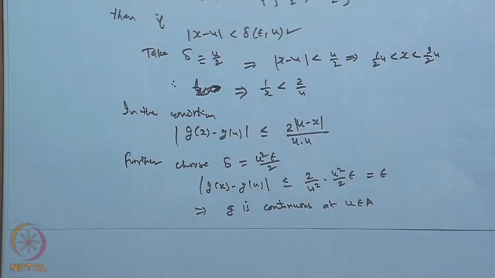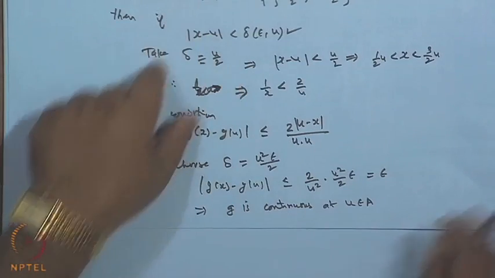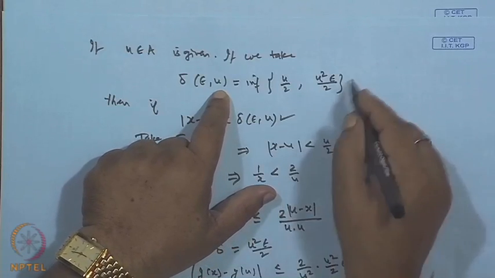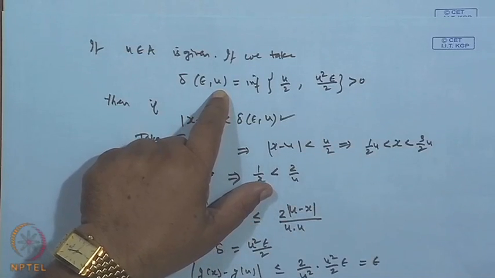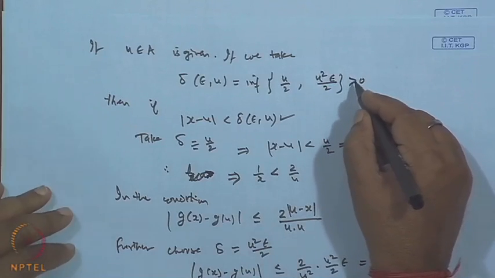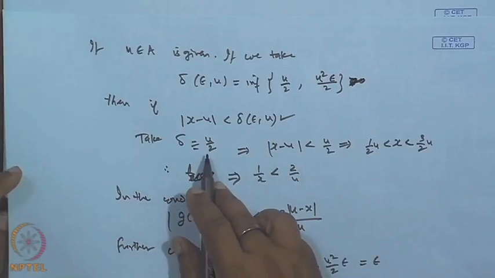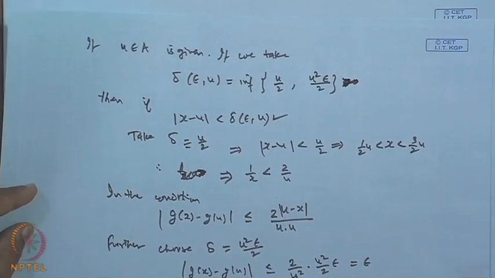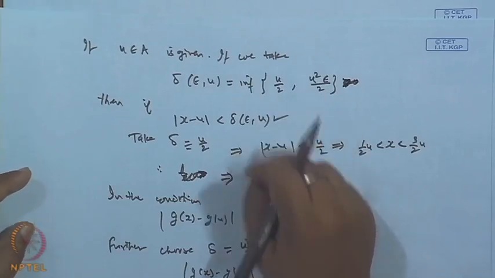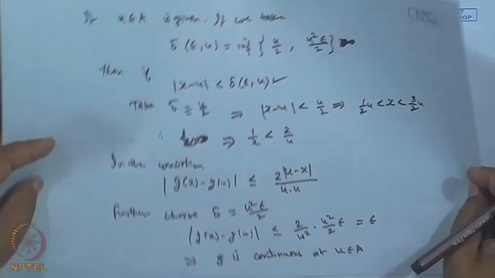Clear? But here the delta which we are choosing depends on u. Each individual delta is a positive quantity when u is taken. But what happens when you take the infimum of all such deltas?